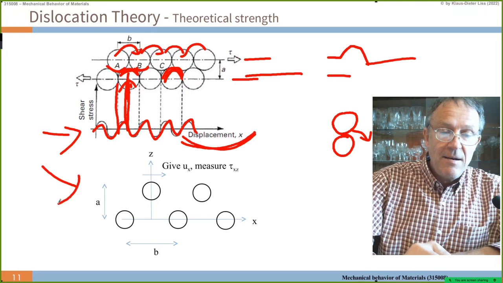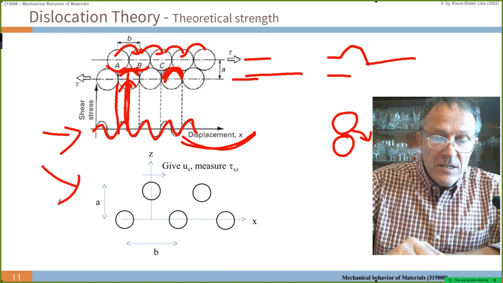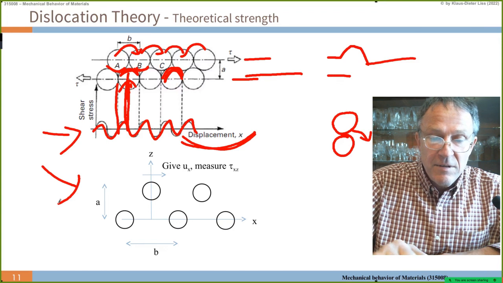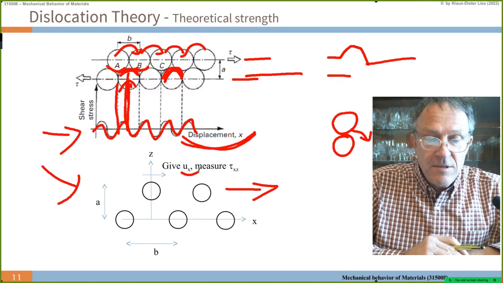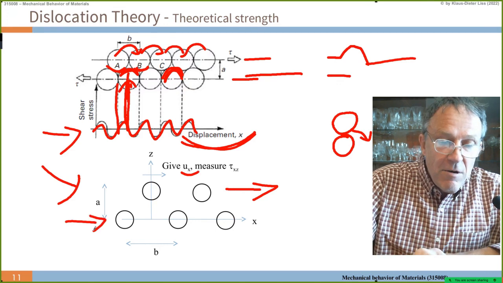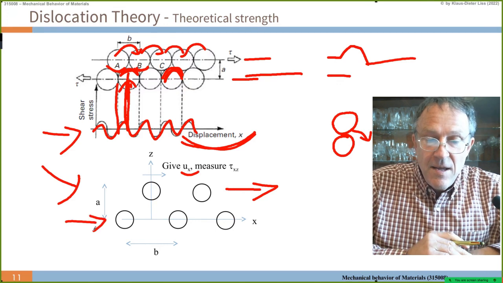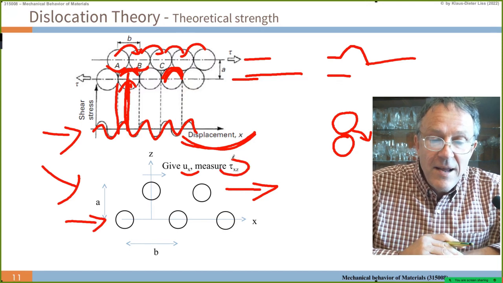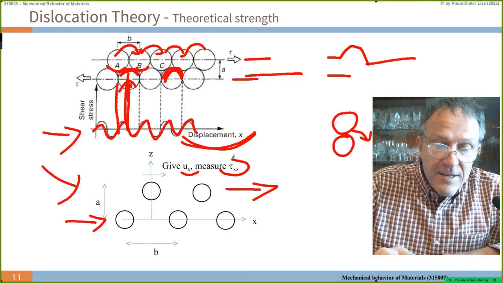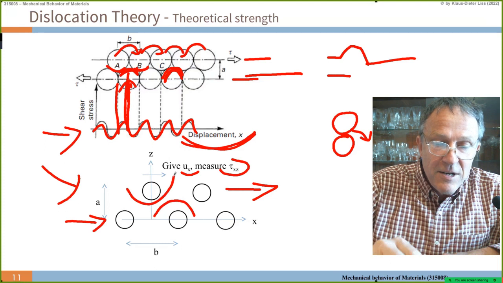We can amplify that here. So we want to shift, displace the top atoms with respect to the bottom row of atoms. The displacement is the u_x and the shear stress is the tau_yz. Because to pull it up, yeah, we have here the potential of the bottom atom, we have here the potential of the top atom.